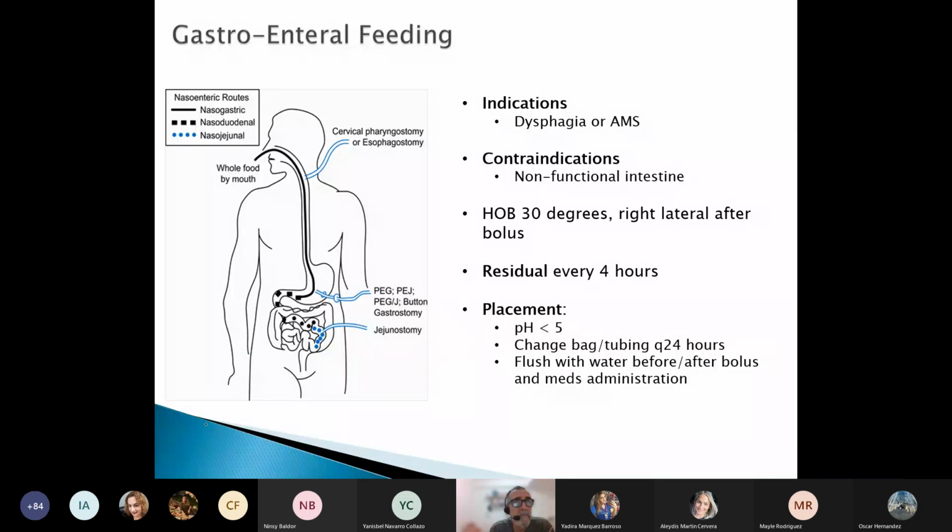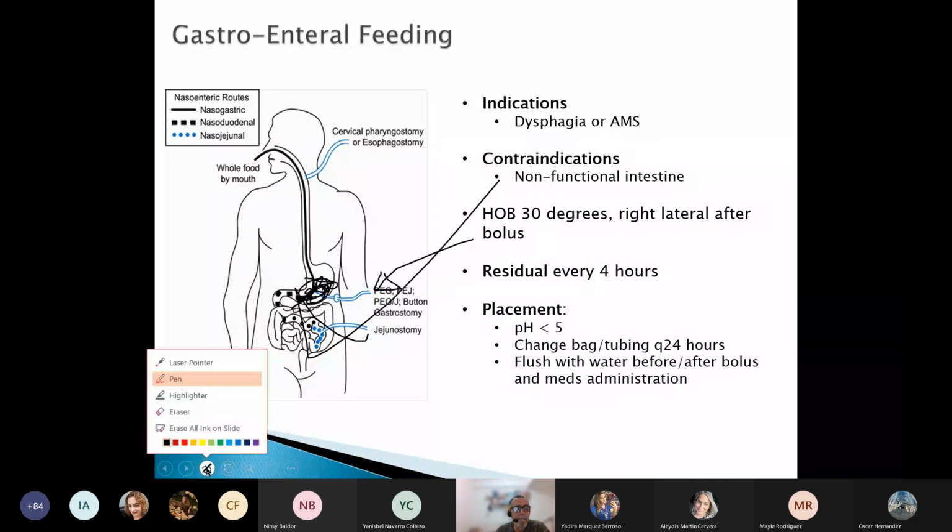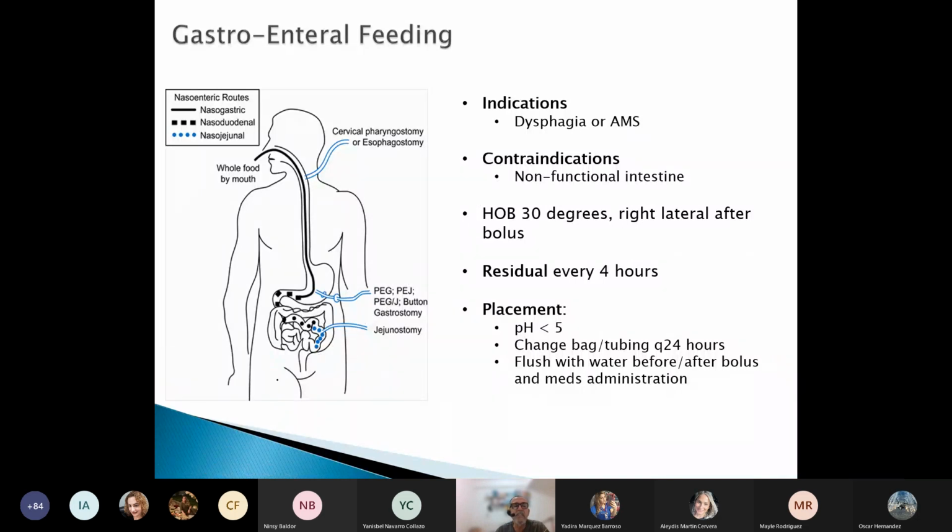Residual means the amount of liquid that you suck with the syringe before introducing new liquid or food. They used to say if you had 100 or more, don't introduce more liquids and call the doctor, or stop the feeding, wait 1 hour and recheck, and if it's still more than 100, call the doctor. It is not that anymore because the evidence has changed these policies. So, understood the difference between jejunostomy and PEG tube?